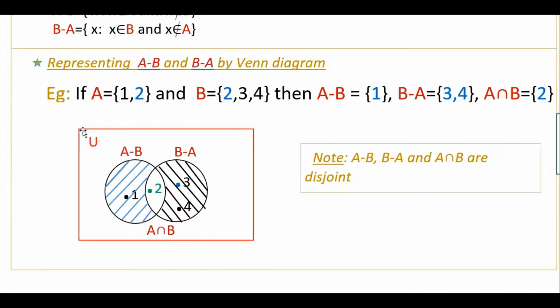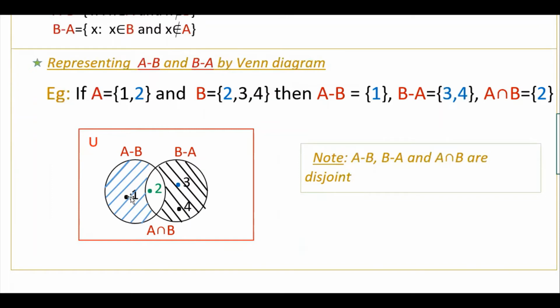Now you can show these three by using a Venn diagram like this. This is the universal set. And here this is set A and this is set B. A minus B contains only one element, that is 1.